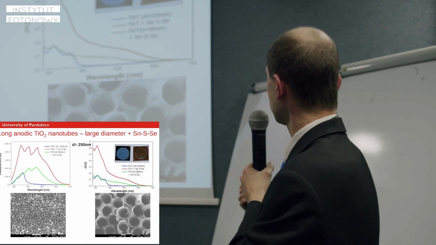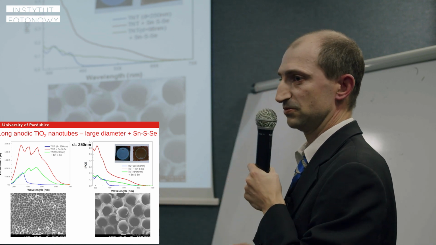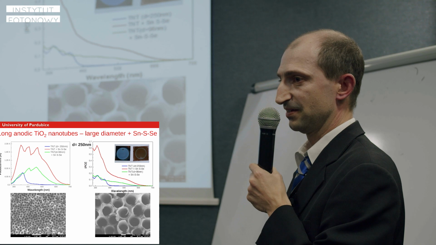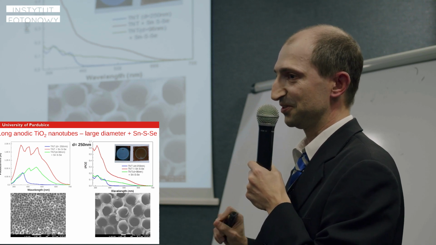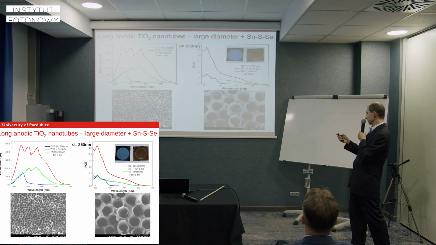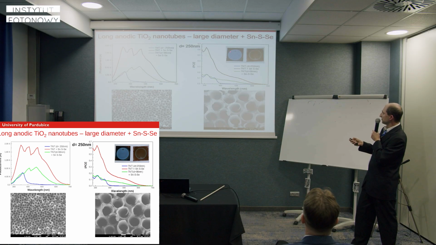This material was reported in 2004 by Mitzi, who dissolved it only in hydrazine, and this is extremely toxic and nobody wants to work with it. Okay? And here is a picture of the blank tubes and the coated ones. So you can see that there is a massive difference.